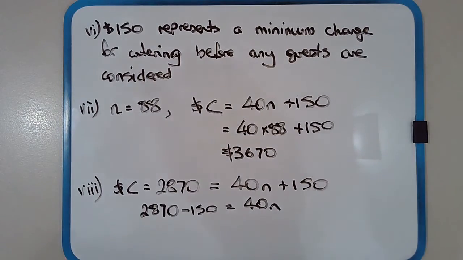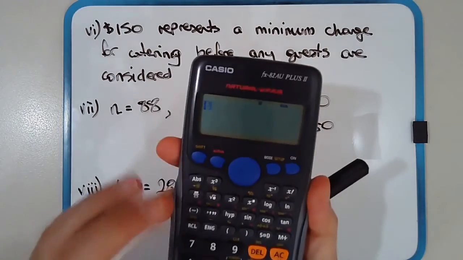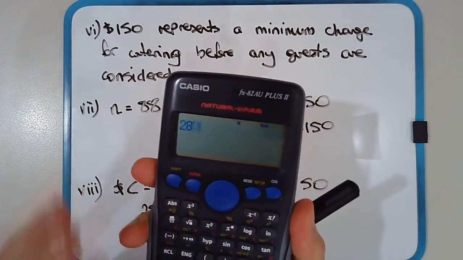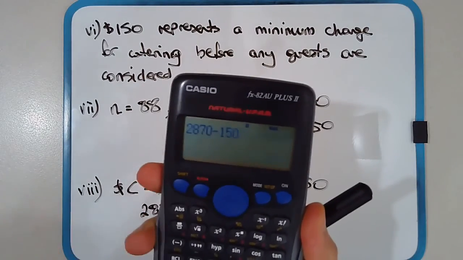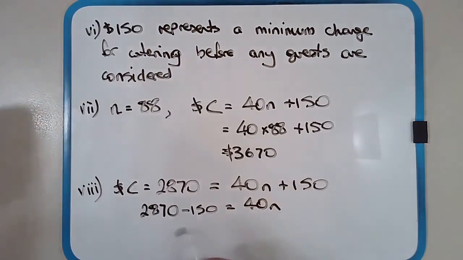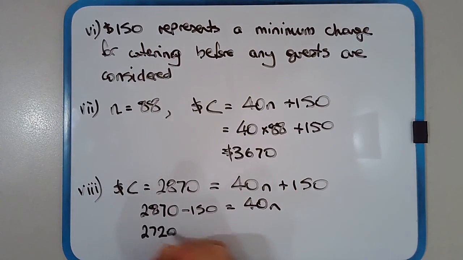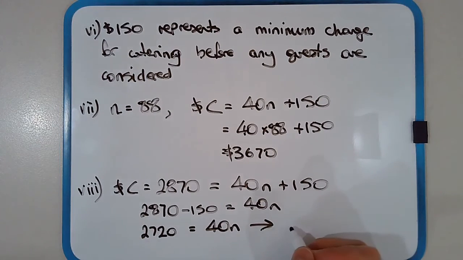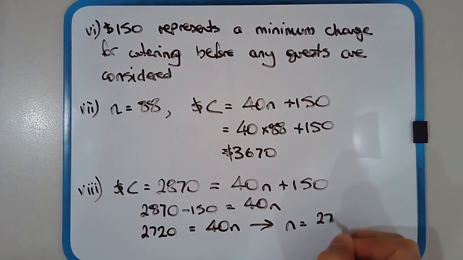I'll do this a step at a time so you can see what's going on. 2870 minus 150 is 2720. So 2720 is equal to 40n. Then we're going to divide both sides by 40. So n is equal to 2720 over 40.